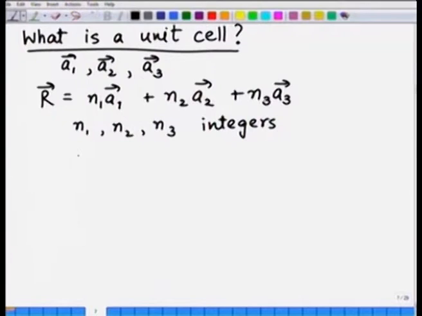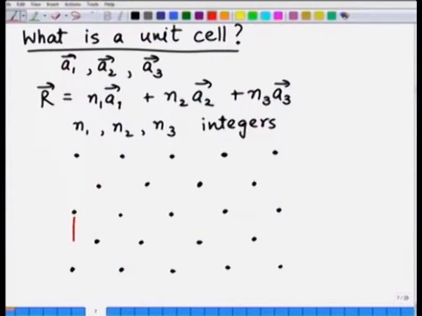I will give you a 2-dimensional example that will make things a little bit clear. For example, let us say I have a 2-dimensional lattice, and you imagine this in 3 dimensions, something like this. In fact, let me make it a little bit more complicated than what I am drawing here. Something like this, suppose this is a lattice.